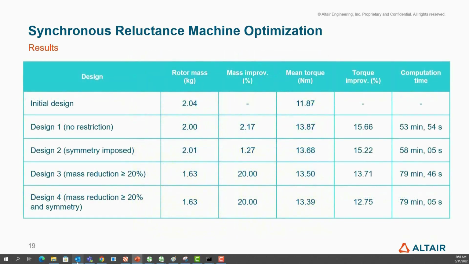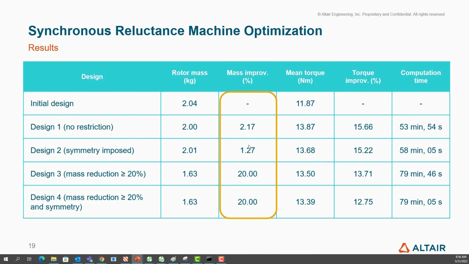As a comparison, we can see that the rotor mass is 2.4 kgs and the mean torque is 11.87 for the initial design. With all the different design constraints and objectives, there is a mass improvement of 2.17% under no constraint optimization, because there is no restriction put on the volume.